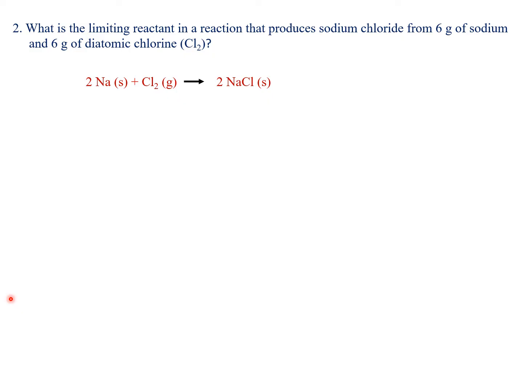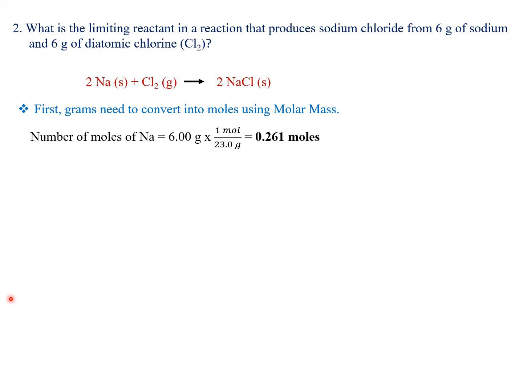The same as previously, let's convert grams into moles first. Sodium molar mass 23, chlorine molar mass 71 or 70.9 exactly. So after we convert into moles, sodium 0.261 moles available, chlorine 0.0846 moles available at the beginning.